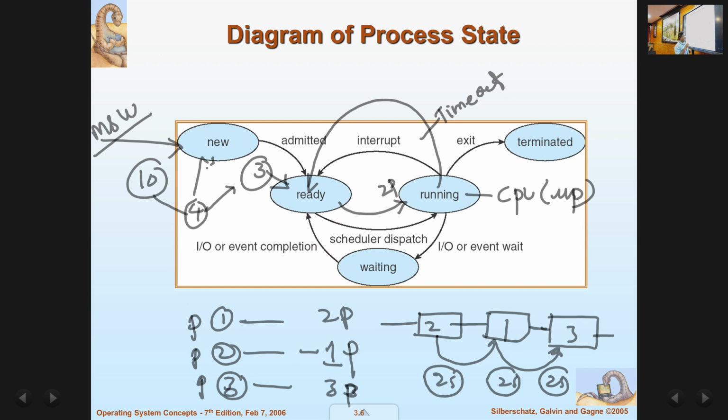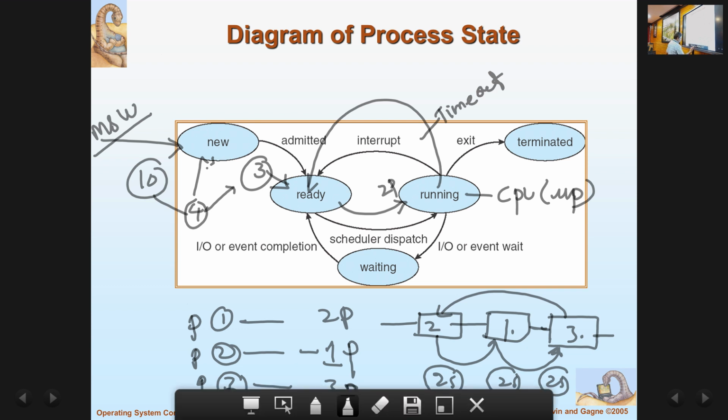So this is the first reason when the running process will be swapped out, thrown out, and brought back into the ready queue. After that 1 will execute, after that 3 will execute. Then process 2, which was thrown out since its quantum expired, will again be taken up for execution. So that is reason number 1. Reason number 2.